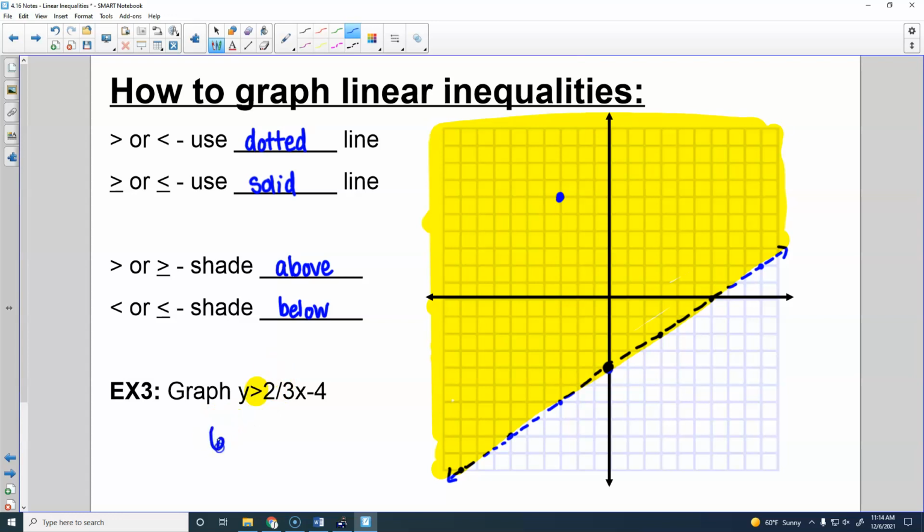I would have 6 is greater than 2/3 times negative 3 minus 4, so that would be negative 2 minus 4. 6 is greater than negative 6. That's true. But I already knew that because it's in the shaded region, so it has to be true. That'd be true of any point in that region.